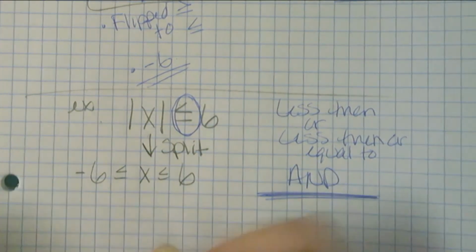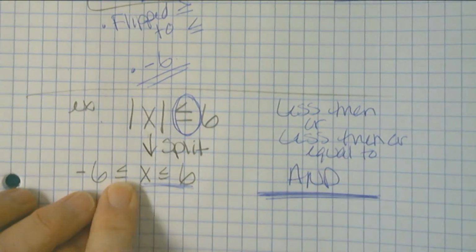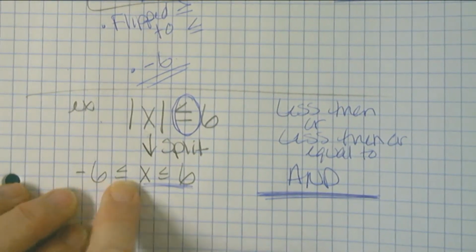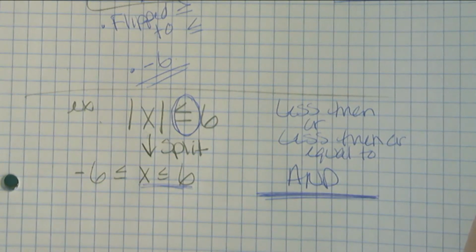So I'm literally just splitting this up into an and. I keep the original, and then I add on to it the same less than inequality, and then the negative 6. Yes? Yes.